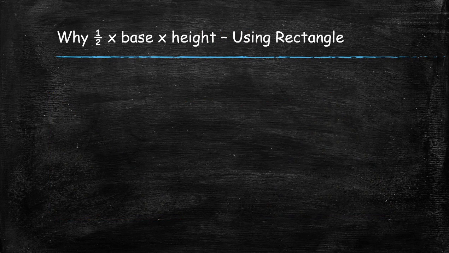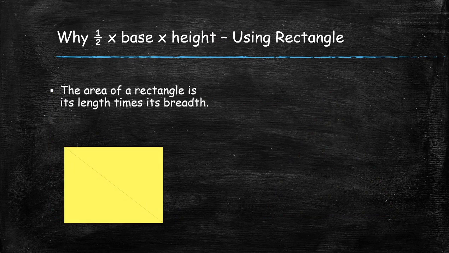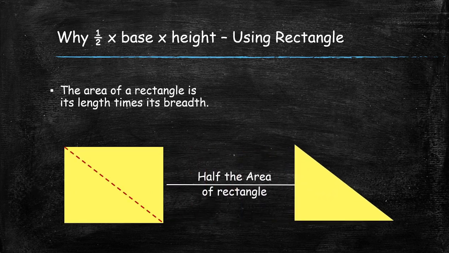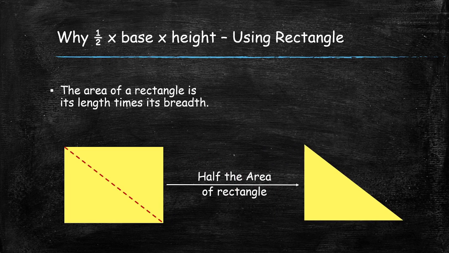Let us learn how the area of a triangle is half into base into height. Consider a rectangle. The area of a rectangle is given by length into breadth. Consider splitting the rectangle along the diagonal. We know that the diagonal divides the area into 2 equal halves, that is 2 right triangles.